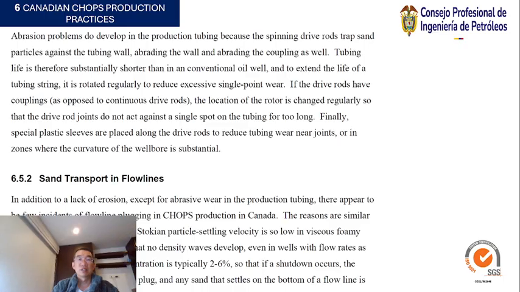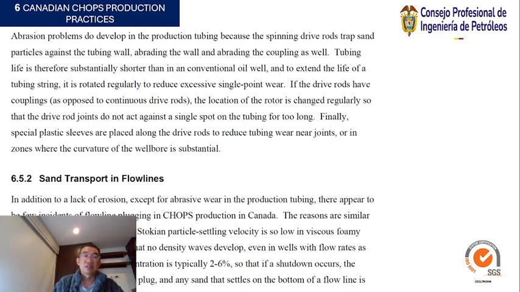Abrasion problems do develop in the production tubing because the spinning drive rod traps sand particles against the tubing wall, abrading the wall and abrading the coupling as well.